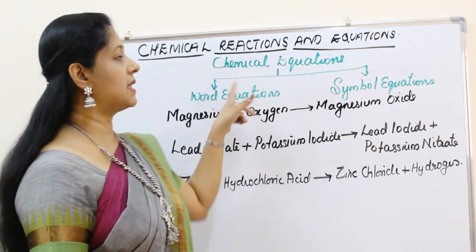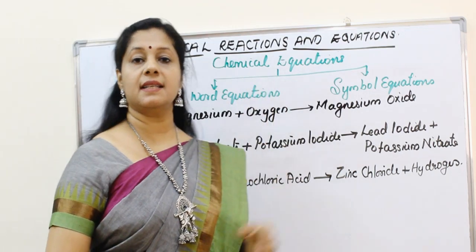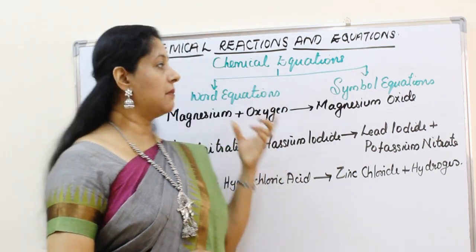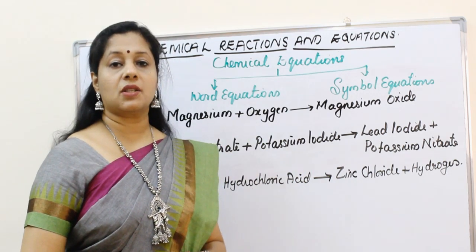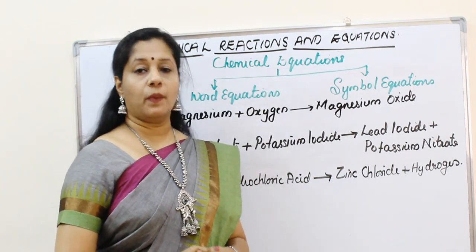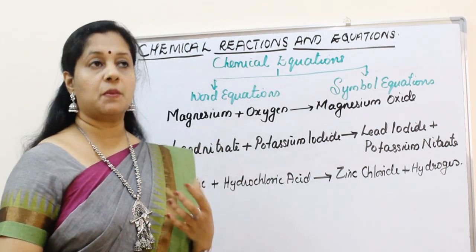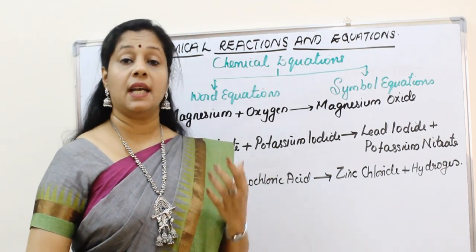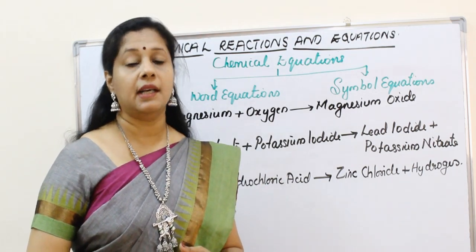Chemical equations can be of two types. One is word equations, second is symbol equations. Simply if we put those reactions or changes in words, that is called a word equation. Whenever we are writing a chemical equation, the substances, or species of atoms and molecules, involved in or participating in a reaction are called the reactants.